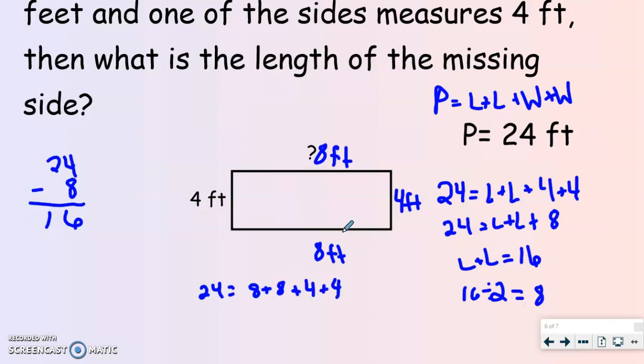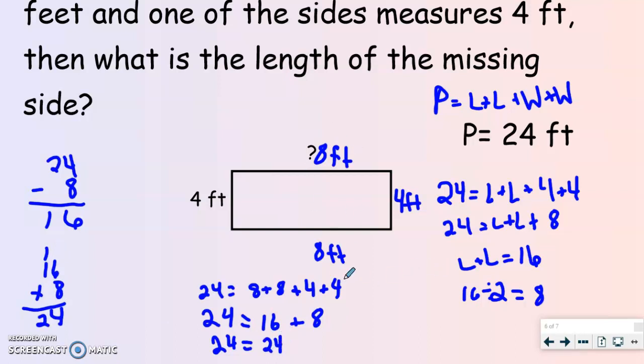Well, I already know that 4 plus 4 is 8, and I know 8 plus 8 is 16. And then 16 plus 8. If you need to do a little scratch work over on the side, go ahead. Okay, it does equal 24.